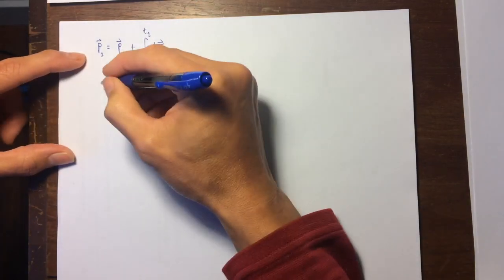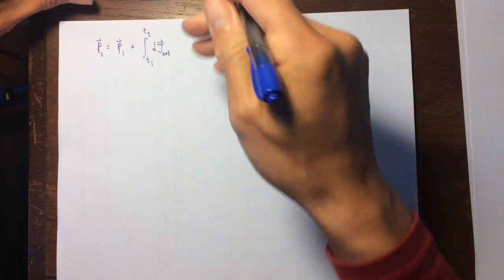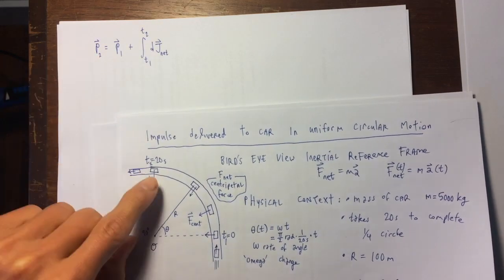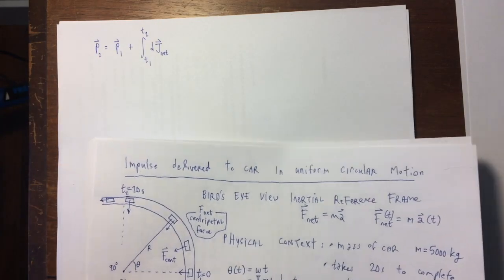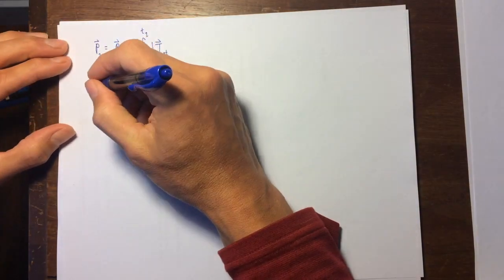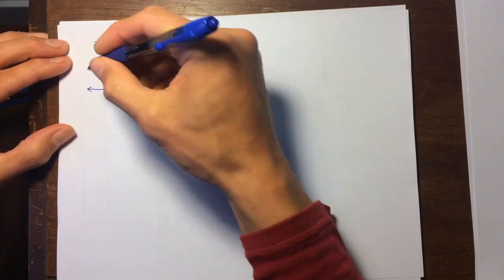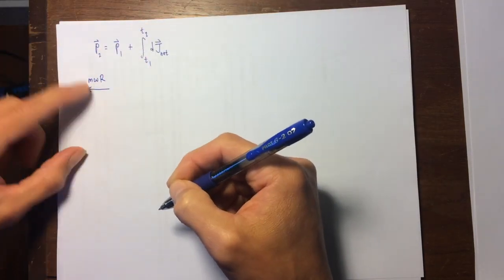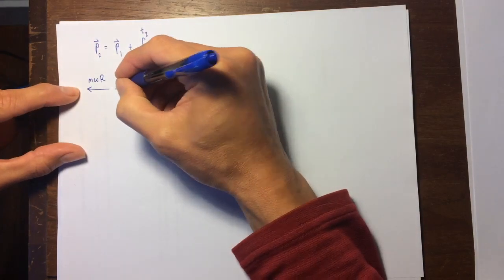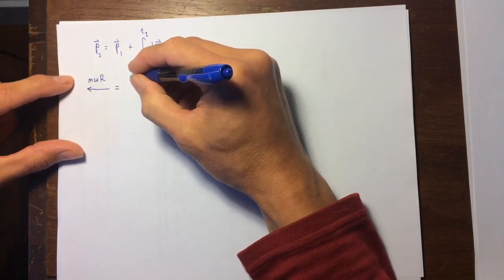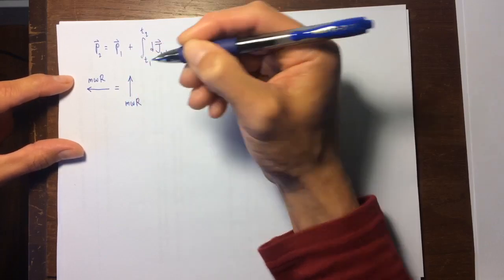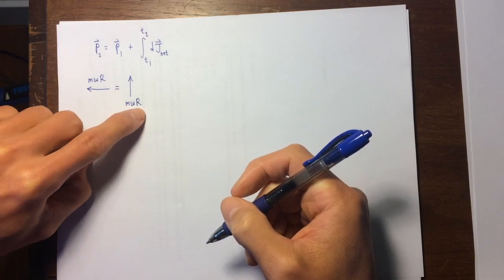P2 is the momentum upon exiting the circular roadway. This is the moment in time that we have that momentum. That momentum is the leftward momentum, so this is a leftward arrow whose magnitude is m omega r. That's P2. It's equal to P1. Our incoming momentum was a purely upwards arrow, also with the magnitude m omega r.